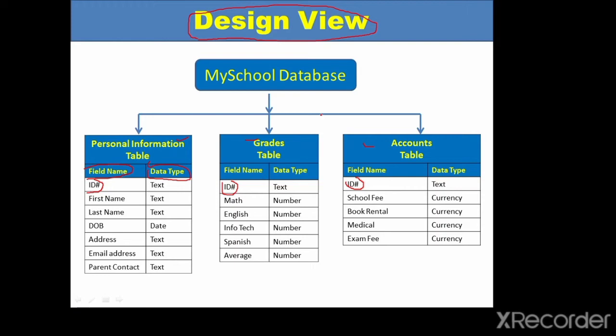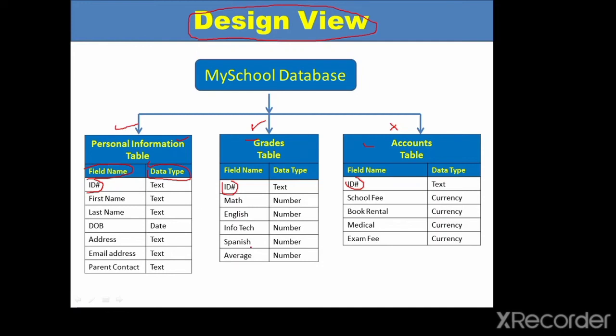So, for example, teachers will be given access to your grades table and your personal information table, but teachers might not see how much money you owe the school. They wouldn't see that information because that is none of their business. They're only concerned with your grades and your name and your contact information.